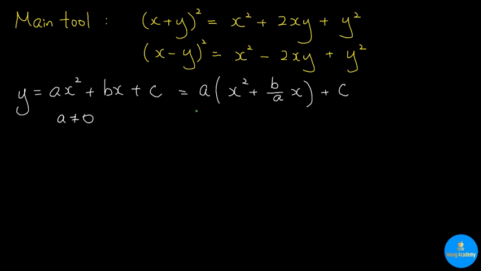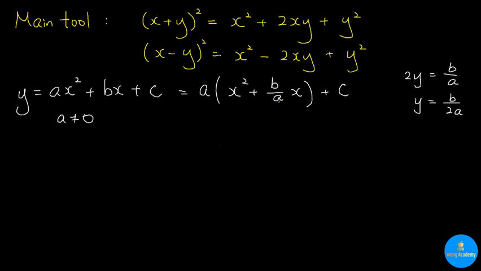Next, we compare the expression inside the parentheses with the identities. We see that we already got x squared, so we must have b over a x equal to 2xy. In other words, we will have 2y equals b over a, and y must then be b over 2a.